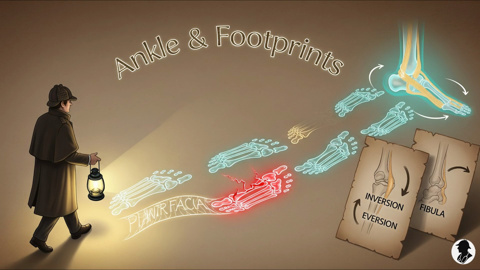Right. Now, let's introduce the main architectural players, the bones. In the lower leg, we have that dynamic duo, the tibia and the fibula. The tibia, your shin bone, is truly the sturdy pillar. It's the second largest bone in the body after the femur, and its primary job, transmitting weight from the femur down to the foot, is built for strength. The fibula, on the other hand, is like the ankle's loyal, slender stabilizer.